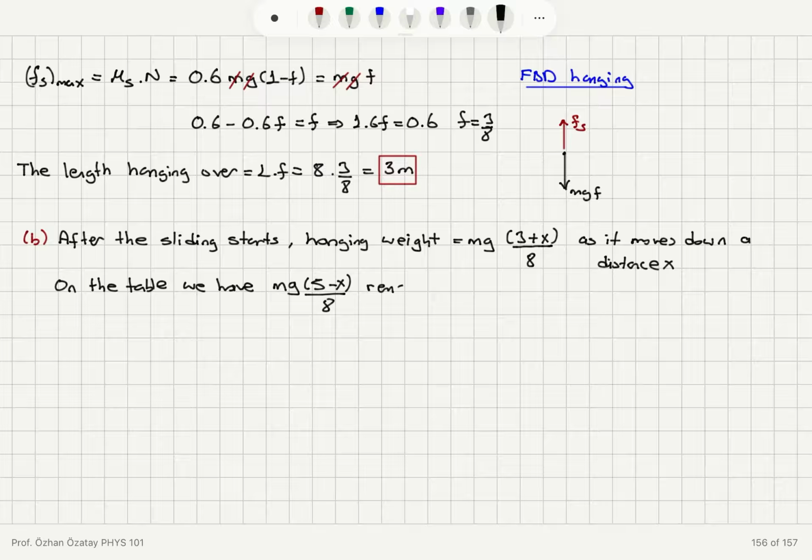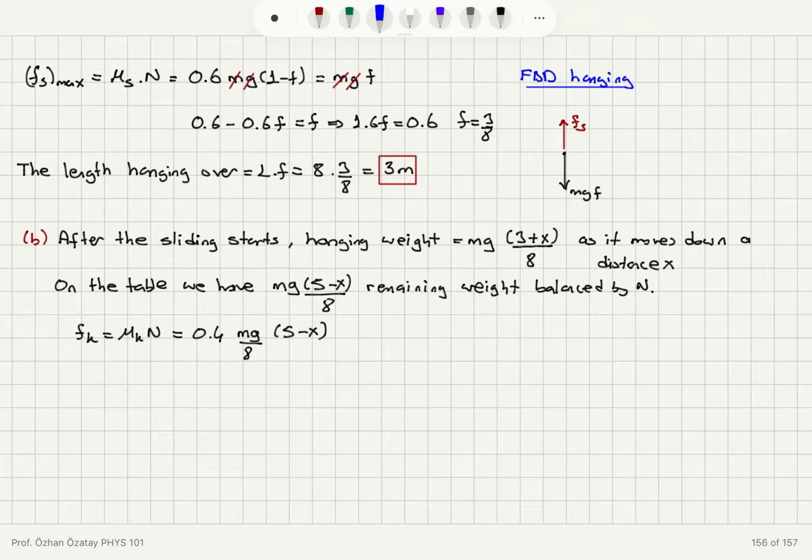So this remaining weight is going to be balanced by N. So the kinetic friction force, which is mu k times N, will become 0.4 times mg over 8 times (5 minus x).